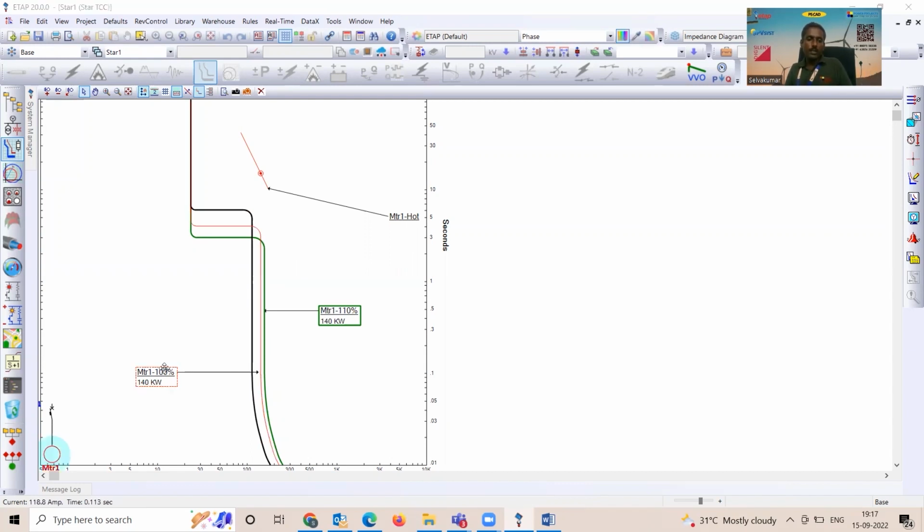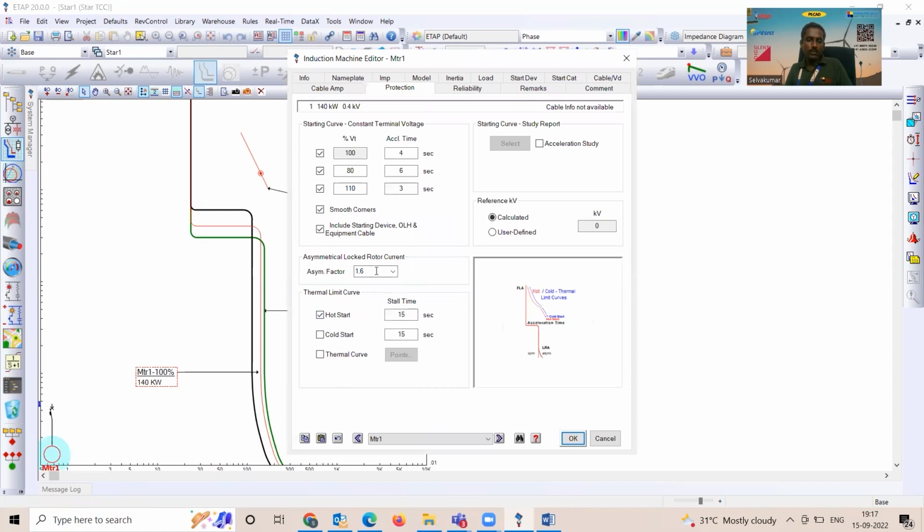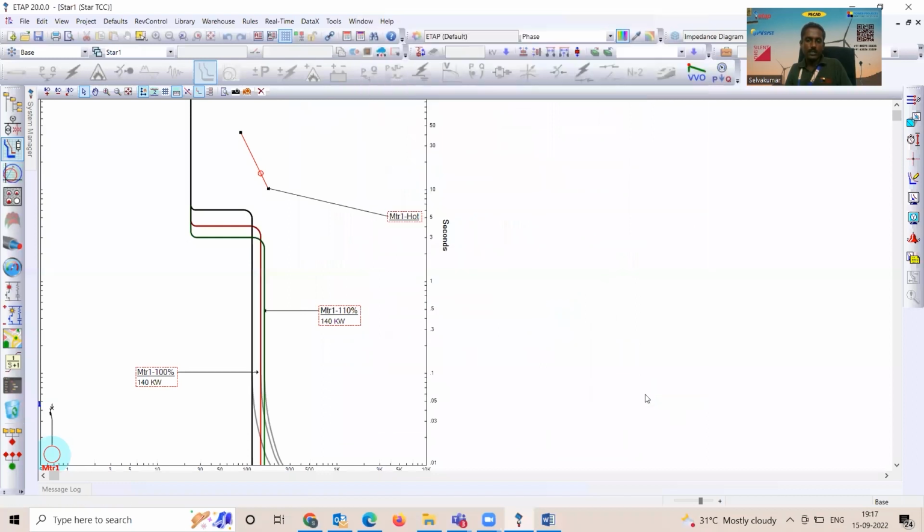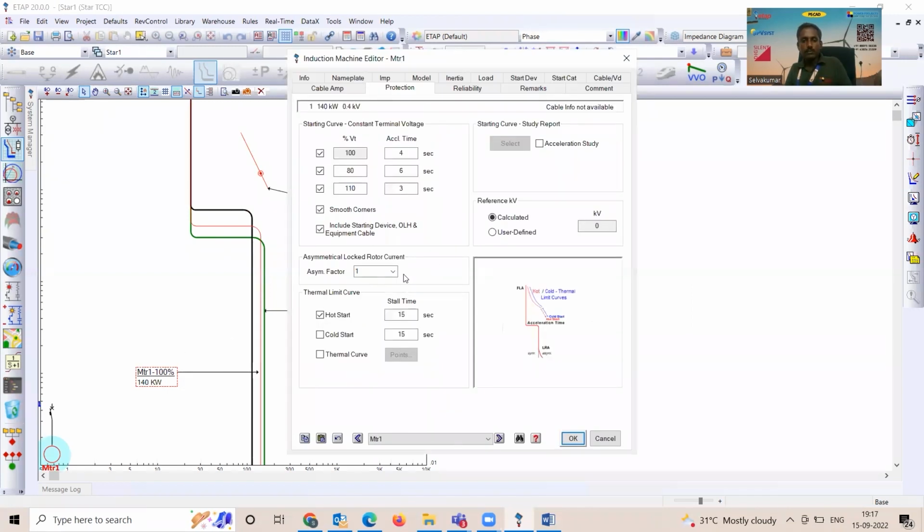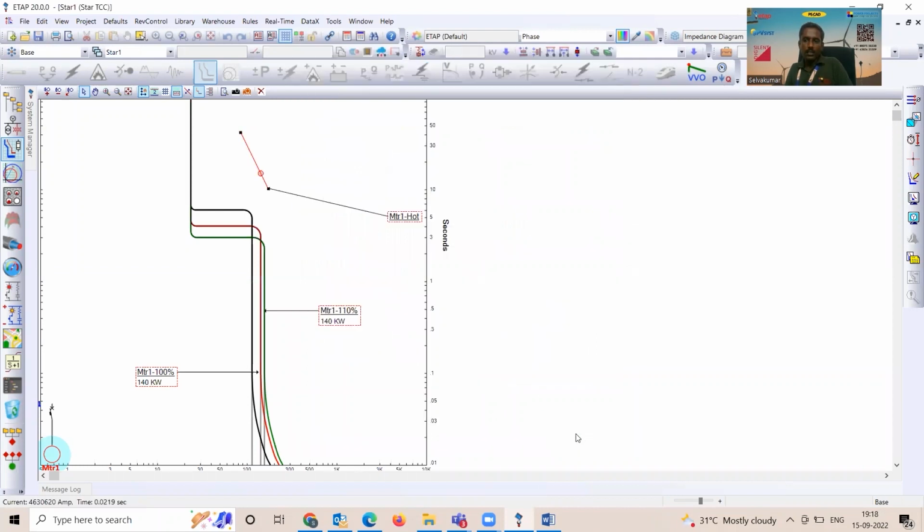And of course, one interesting fact, if you are not aware what the asymmetrical factor is: if we consider the asymmetrical factor as 1, this is a straight line, but during starting, the motor will not draw a sinusoidal current. When I'm closing the breaker, all 3 phases get closed. R phase closes at a different instant, Y phase closes at a different instant, B phase closes at a different instant.